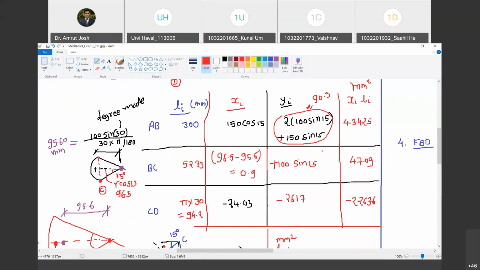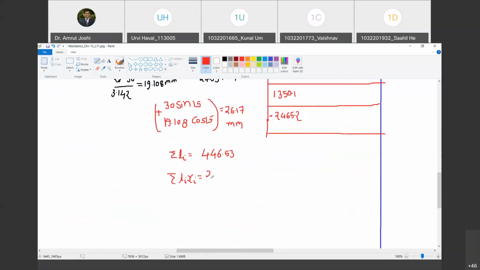Let us do summation li xi with sign. It is 43,425 plus 47.09 minus 2,263.6. How much is that? 20,836.09. Now let us do summation li yi.